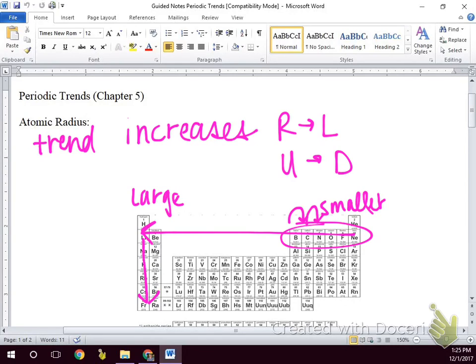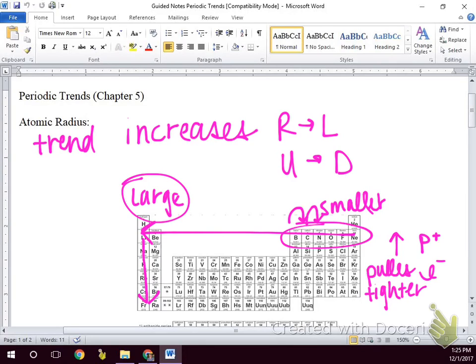And so what happens with that is as we get more positively charged, even though we get more electrons, the positive charge pulls those electrons tighter and tighter and tighter. Okay, so as we increase in protons, it pulls the electrons tighter. Okay, so that's the reason that these guys on the left side have larger atomic radius than the ones on the right side.